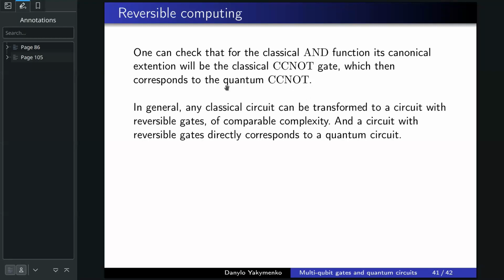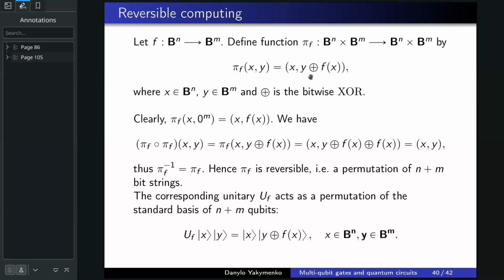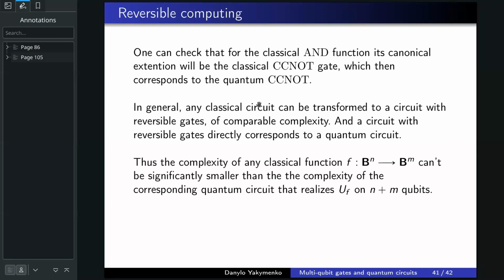Now, in general, if we have any classical circuit, classical circuits, I recall, contain gates that are not reversible. But by using this principle, as I explained before, we can transform the non-reversible gates to reversible gates, like here. So we transform AND to the CCNOT gate. And in fact, we can do it for every gate in the circuit.